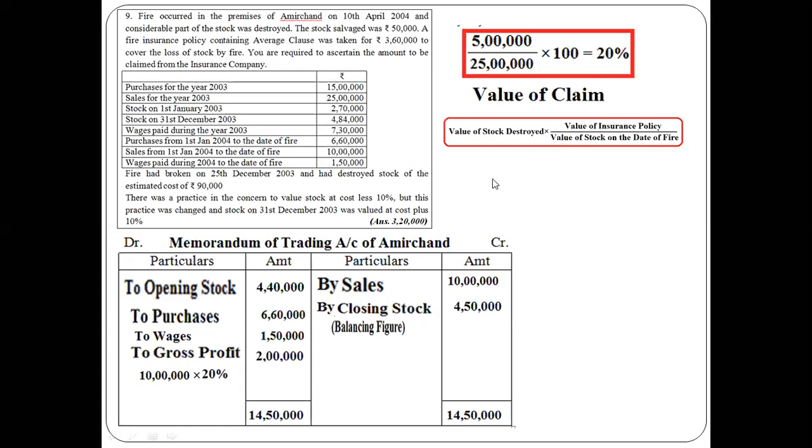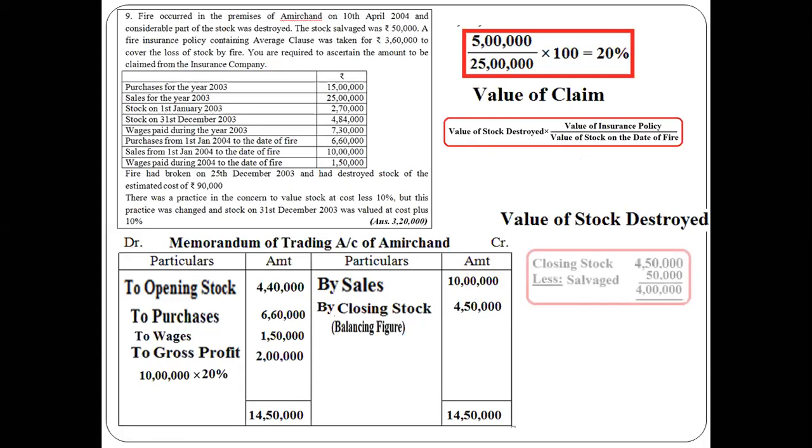But we still need the value of stock destroyed. Unless we have this value, we cannot apply the formula and get the answer. Therefore, first our priority would be calculation of the value of stock destroyed. Value of stock destroyed will be calculated as closing stock minus stock saved, salvage or scrap.